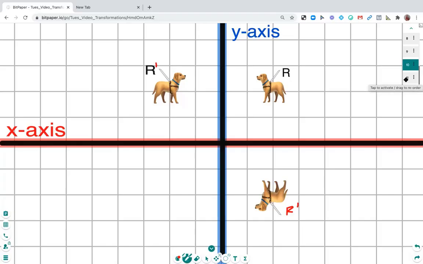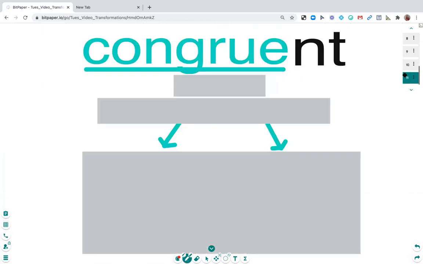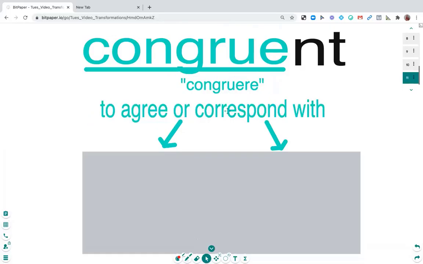Now, what's in common about all 3 of these transformations? Well, they all produce what we call congruent images. So congruent comes from also a Latin root word that you see here, which means to agree or correspond with.